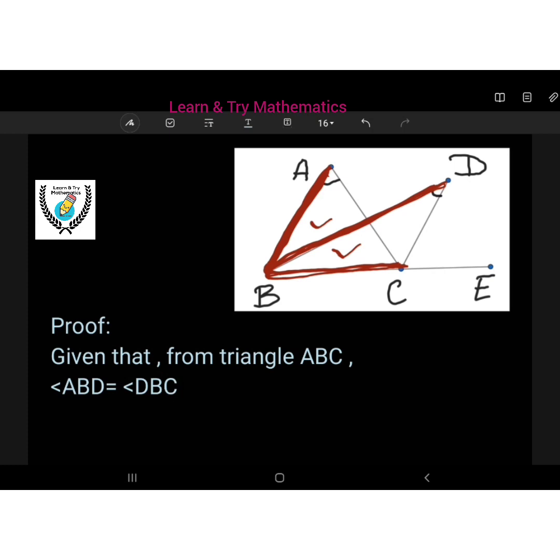That is, this angle and this angle are equal, that is angle ABC is equal to angle ABD plus angle DBC.